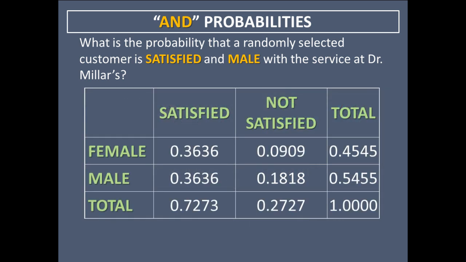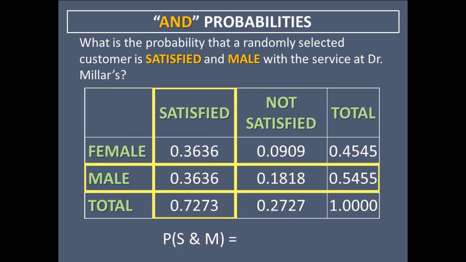We could have also done this example with either our contingency table or, in the case we have here, our joint probability table. If we look on this table, what symbolizes not only being satisfied, but being male as well? Not only are we talking about being satisfied or being male, we need both those things to happen.